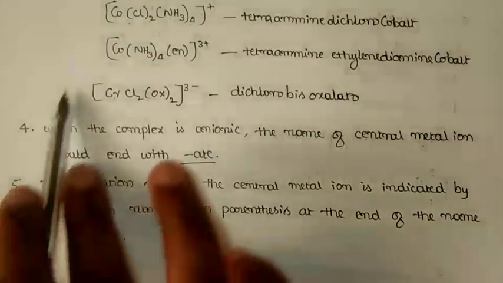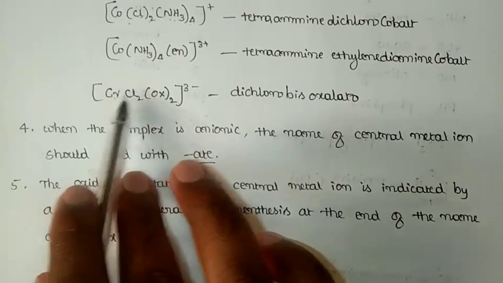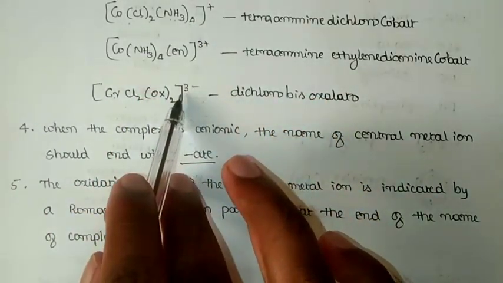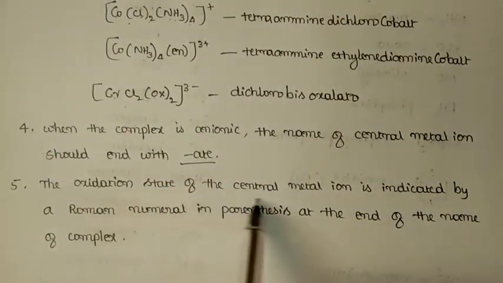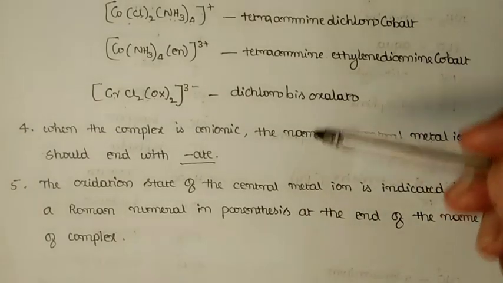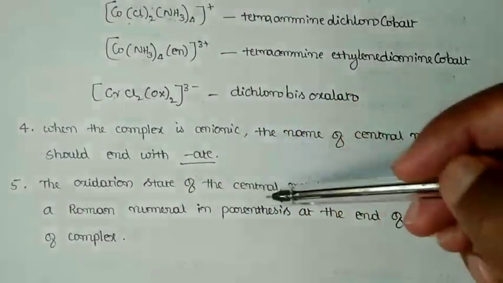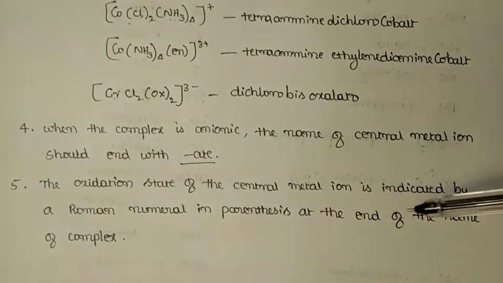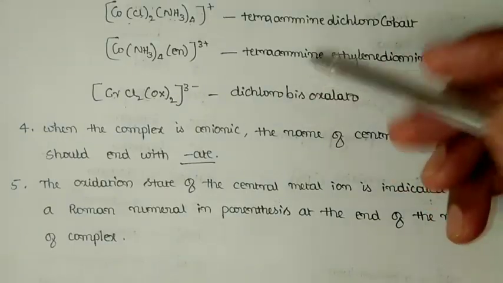At last, once we give the name of the ligands and the name of the central metal ion, depending on whether it is a complex cation, neutral or complex anion, we are supposed to indicate the oxidation state of the central metal ion. The oxidation number is indicated by a Roman numeral in parentheses, that is in small brackets, at the end of the name of the complex. These 2 rules we shall apply at the end.